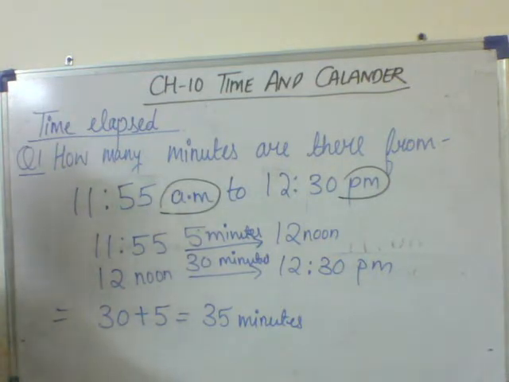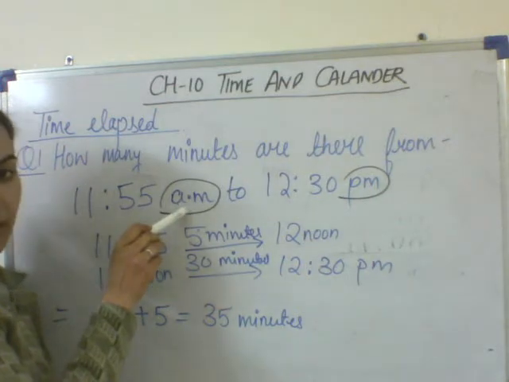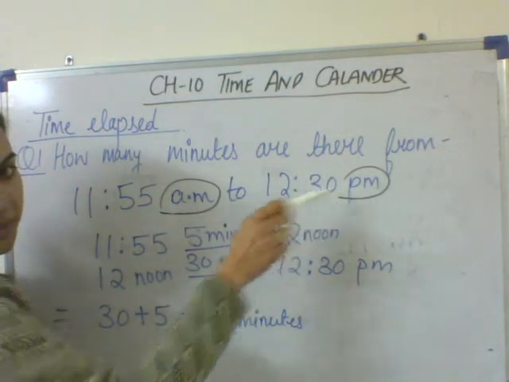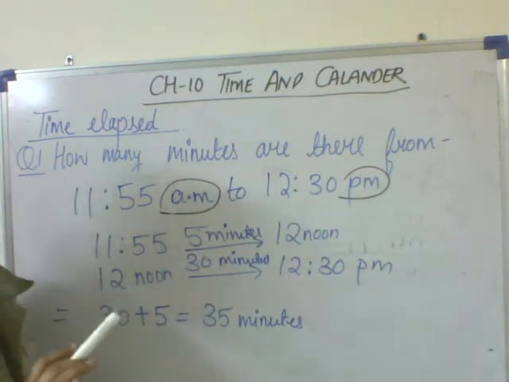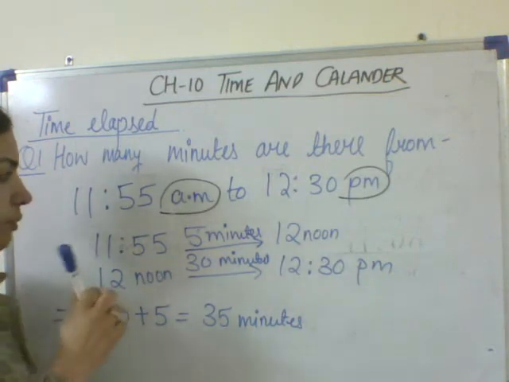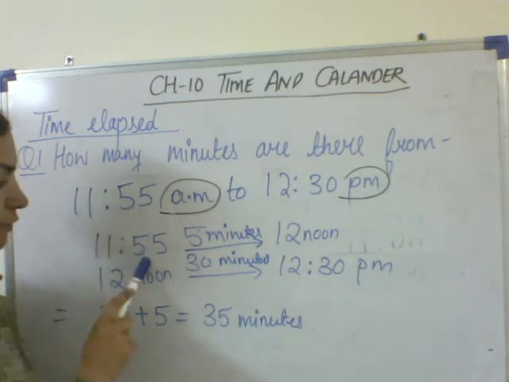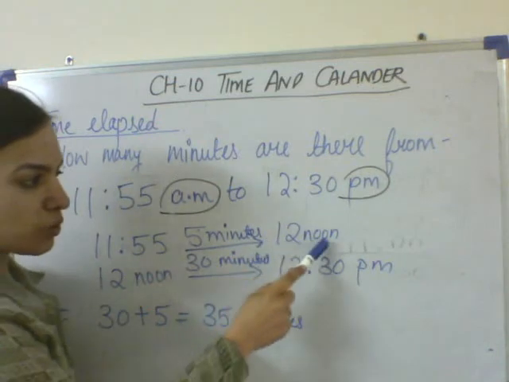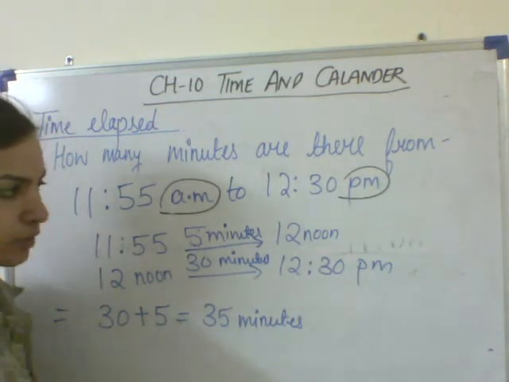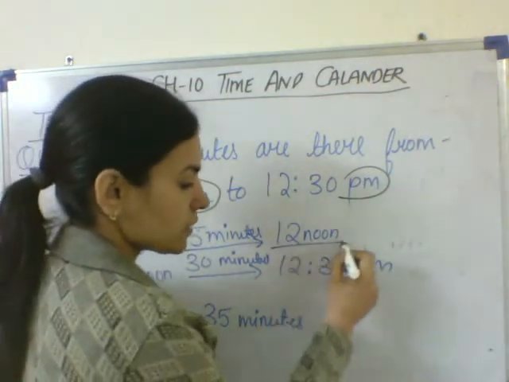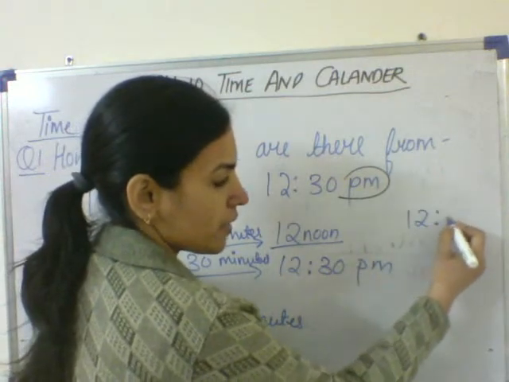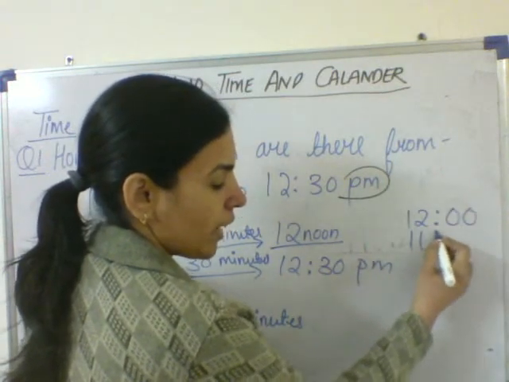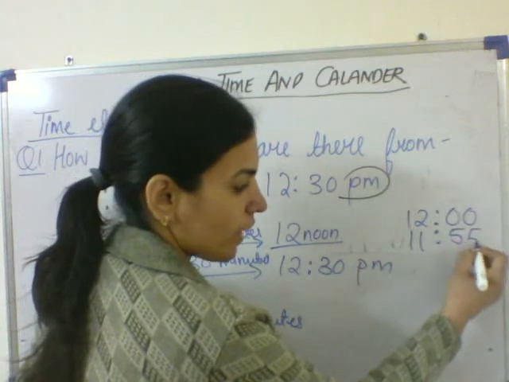So let us revise this again. Here in the question, AM and PM are given, so we cannot directly do the subtraction. What will you do first? 11:55 to 12 noon, 5 minutes. What does 12 noon mean? It means 12:00.